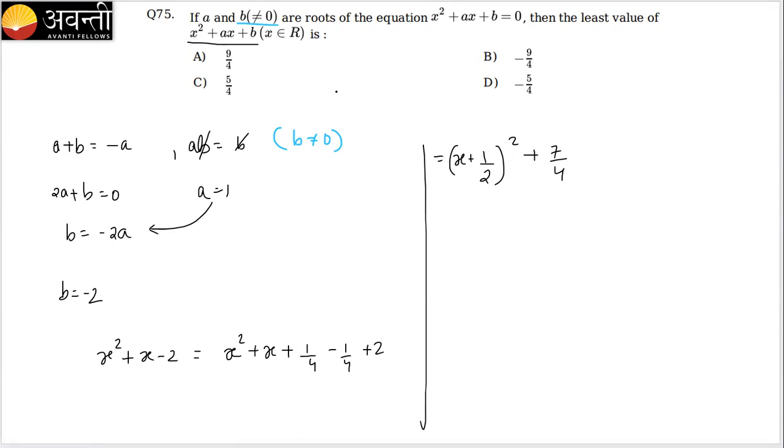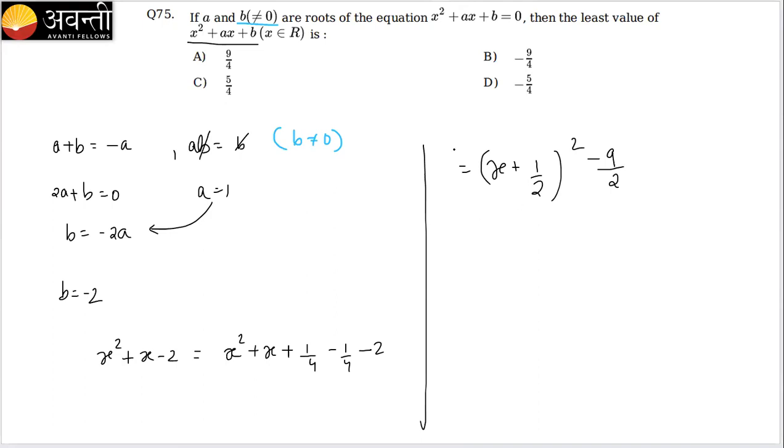And we want the least value. I think I made some calculation error here. It is minus 2. Yeah, got it. So this will be x plus 1 by 2 the whole square, and it will be minus 9 by 4.